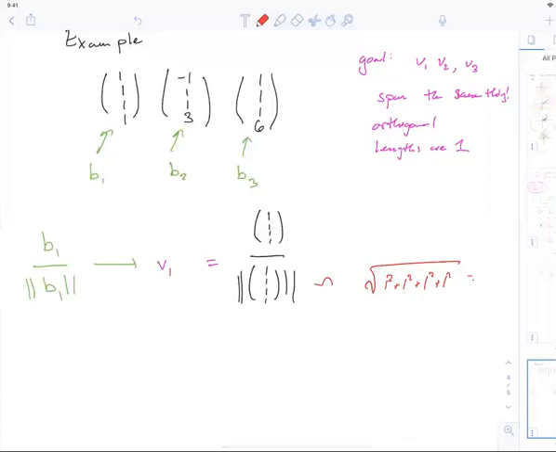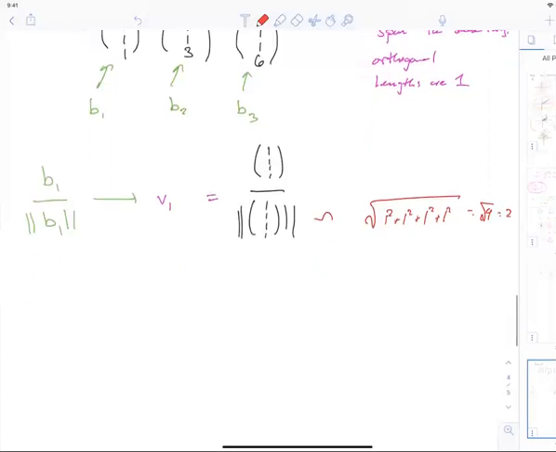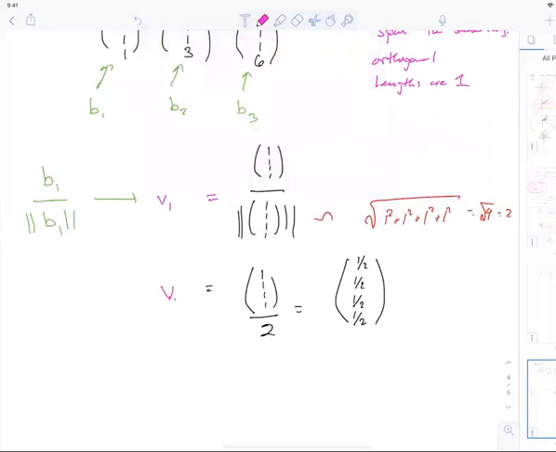That's square root of 4, or 2. So we're going to divide everything by 2 to get V1. V1 is just 1, 1, 1, 1 divided by 2, or 1/2, 1/2, 1/2, and 1/2. And that's going to be our V1. All right, so that was easy.